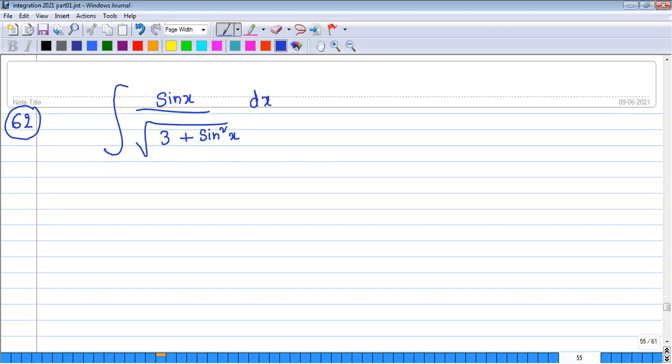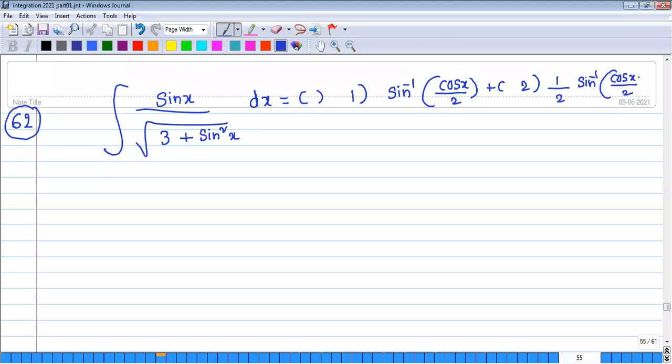Dx. First option, sin inverse of cos x by 2 plus c. Second one, half times sin inverse of cos x by 2 plus c.